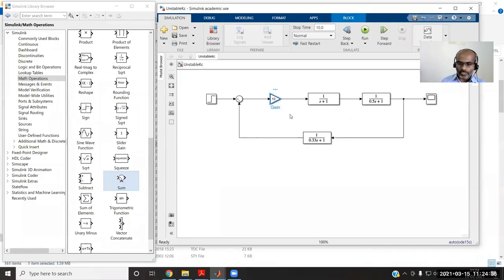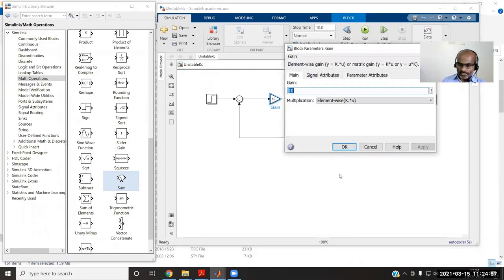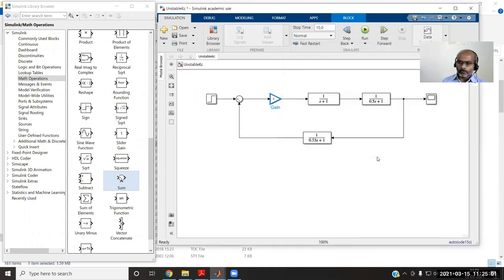Zero order means fast, immediate response. See what is there in the loop? There are two first order systems in series, and measurement is also considered to be a first order system. So let us see the response of the system for various values of controller gain.